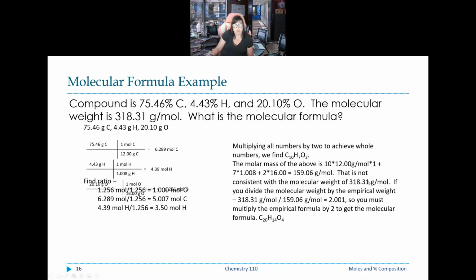That's not consistent with the 318.31 grams per mole. So we take the 318.31 grams divided by the 159.06, and that gives me 2. So I must multiply the empirical formula by 2 to get the molecular formula, which is then C20H14O4. Yay, that was so exciting.